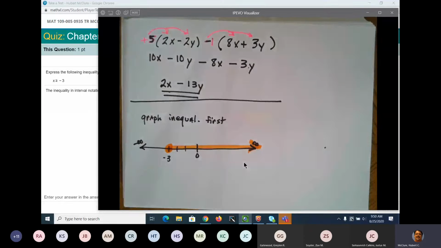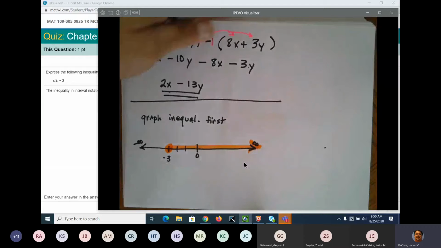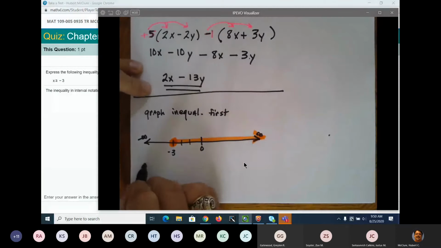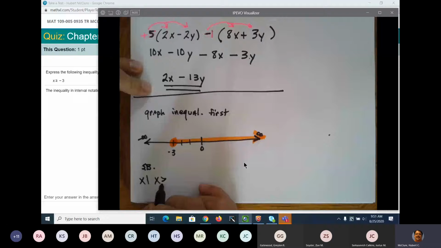So how do I write that in interval notation? Well, I'm going to show you both. Since this is a review, I'm going to show you both set builder notation and interval notation. Set builder notation would be x such that x is greater than or equal to negative 3.